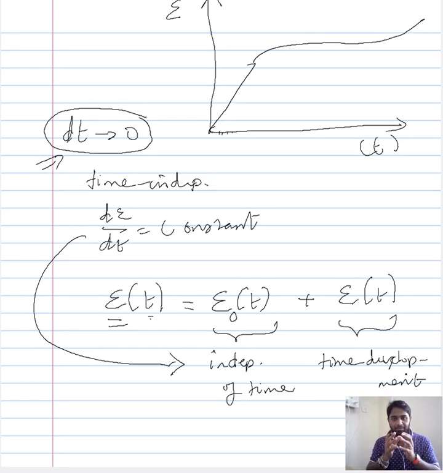The time independent creep is characterized by constant creep rate, meaning for a small duration in this time independent region, the amount of strain is constant. Time independent creep doesn't mean that there is no strain in this period, but there is a constant amount of strain for a small duration within this period.